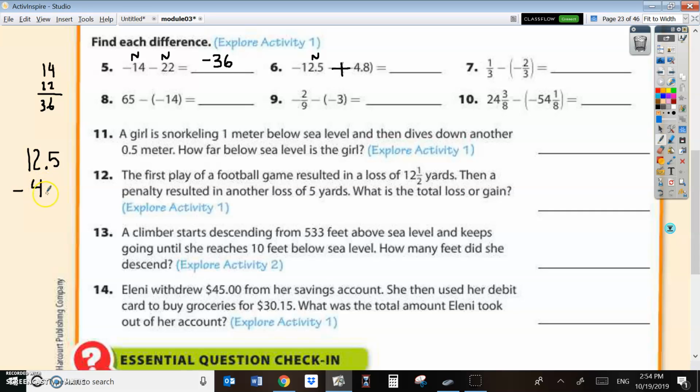But line up the decimals. And now borrow from there, get 15 here, 7 here, and 11 minus 4 is 7, 7.7, and it's going to be negative 7.7.